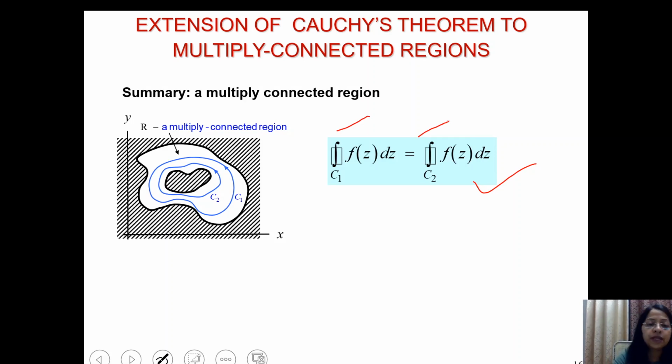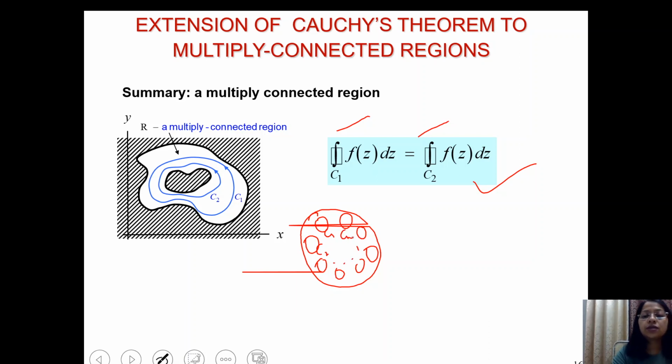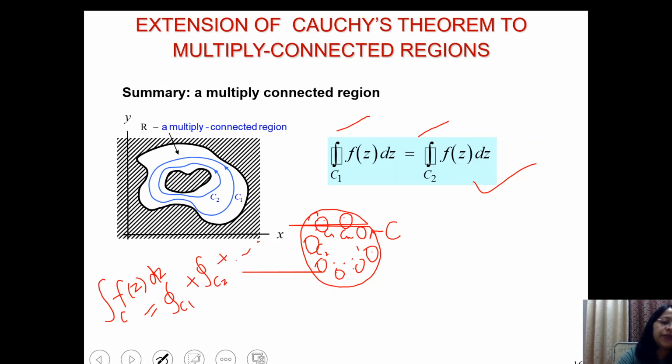If we go for more loops like this, if we have this circle and inside this circle I draw many circles, C1, C2 and so on, Cn, then using Cauchy's theorem we can write that the integral along C, the outer curve consisting of all these n curves C1, C2, C3, Cn, of f(z) dz will be equal to the integral along C1 plus the integral along C2 and so on, plus the integral along Cn.